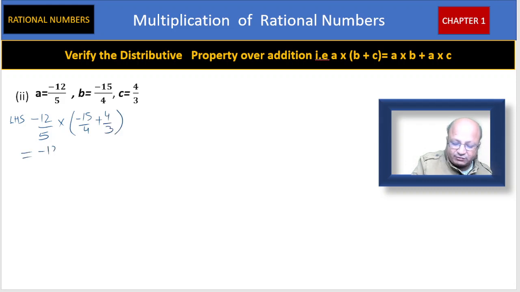is equal to minus 12 upon 5 multiply by, so the denominators are different, these are unlike fractions. LCM जो है 4 और 3 का वो है 12.